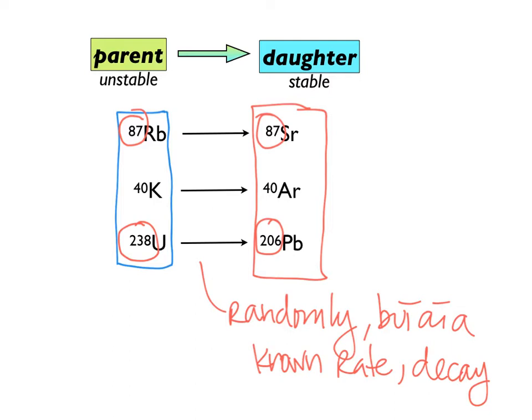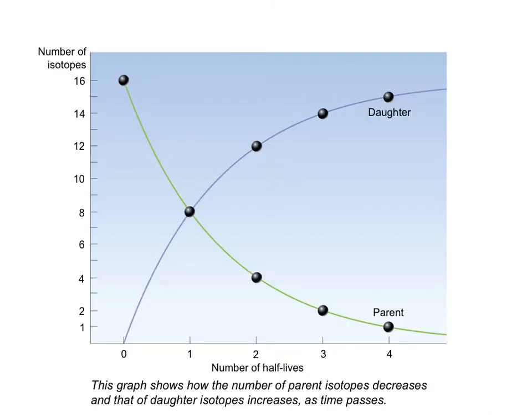But again, it depends on knowing that known rate of decay. That known rate of decay we express as something called a half-life. A half-life represents the amount of time required for half of the parent population to decay into daughter product.